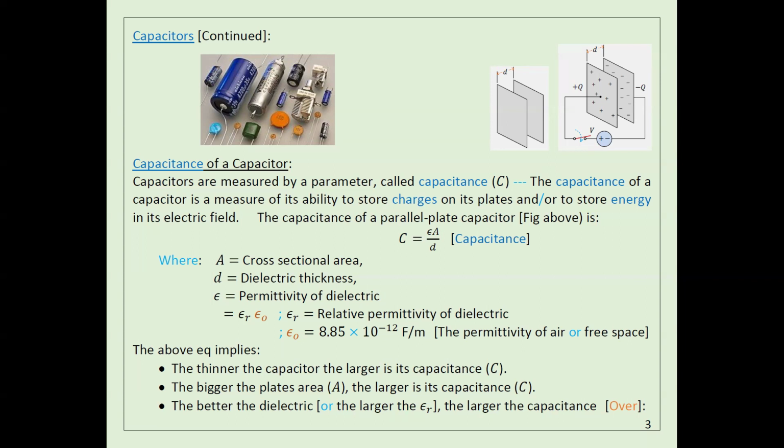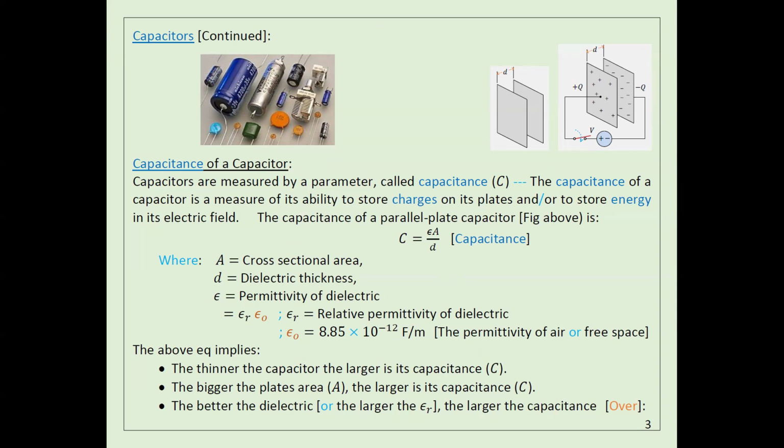Anyway, here I'm going to explain something very important related to the capacitor. We'll call it capacitance. Capacitance is a parameter that can be used to measure its ability to store charges. Capacity, how much capacity do you have?